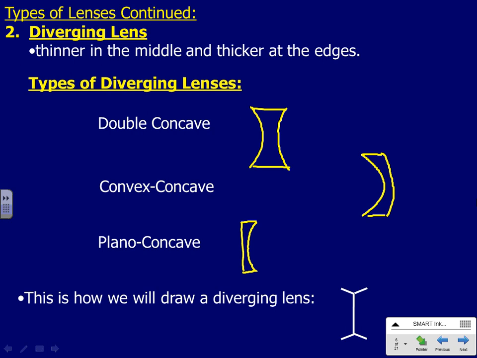Certain eye ailments need converging lenses to help you see.